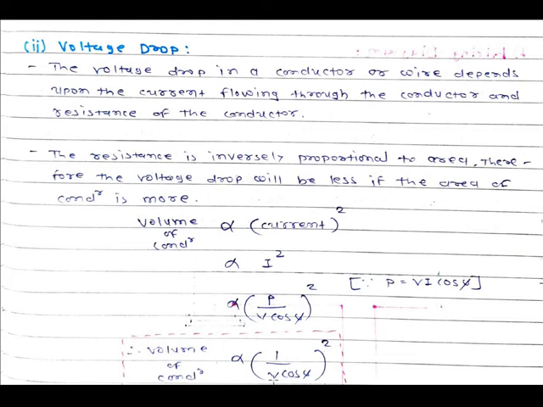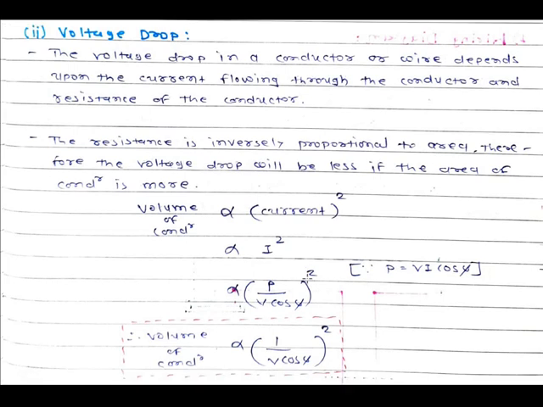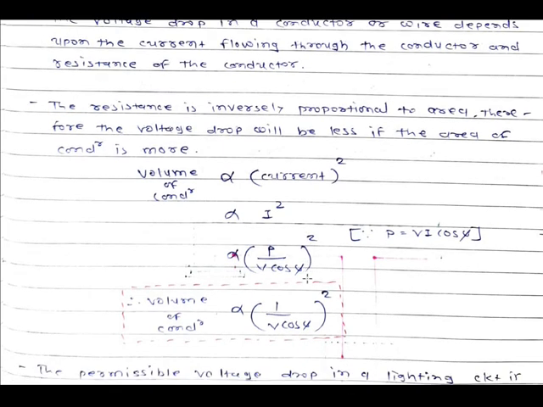So by changing the value of voltage and power factor, the volume of the conductor will be changed. As we increase the value of the voltage, the volume of the conductor reduces, and as we increase the value of the power factor, again the volume of the conductor reduces. So this is the equation for the volume of the conductor.